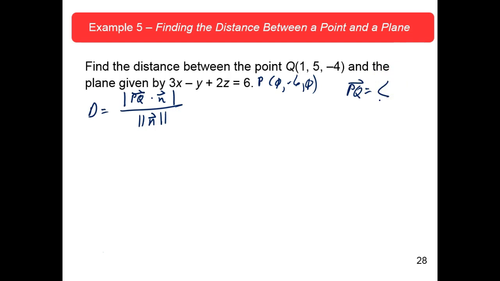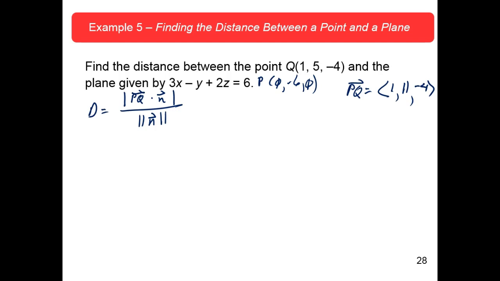Can you give it to me? 1 minus 0. 5 minus negative 6, which would be 11, right? Negative 4. Everybody see that? There's the vector PQ.